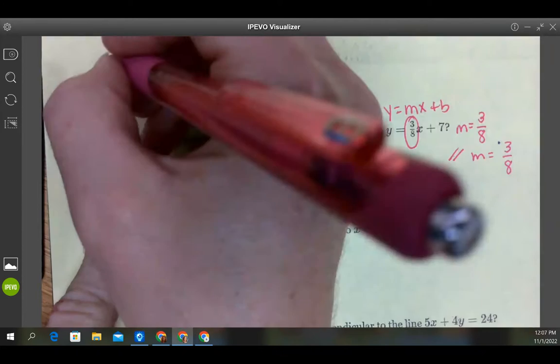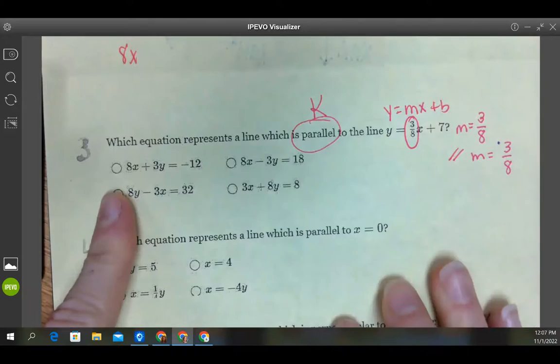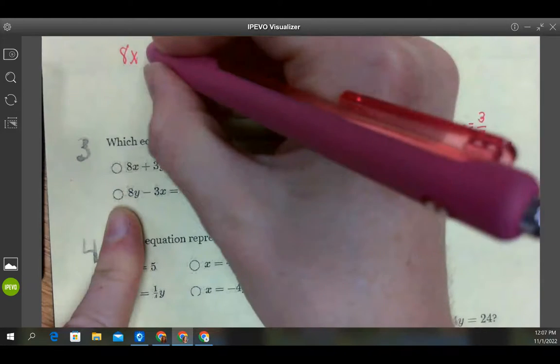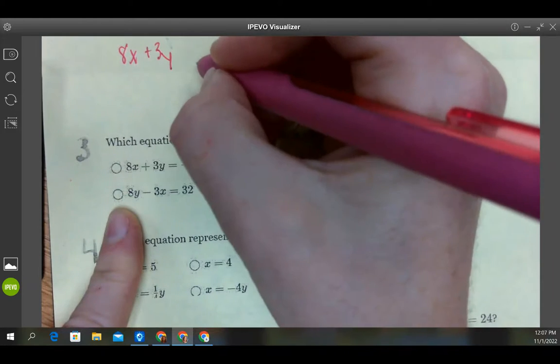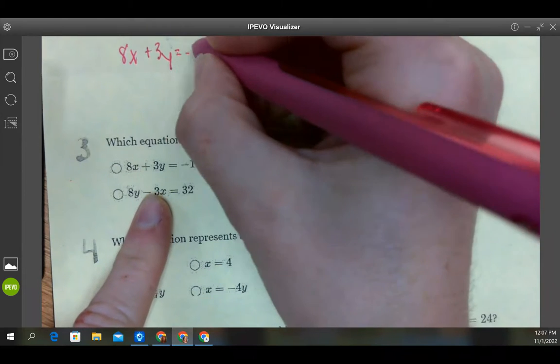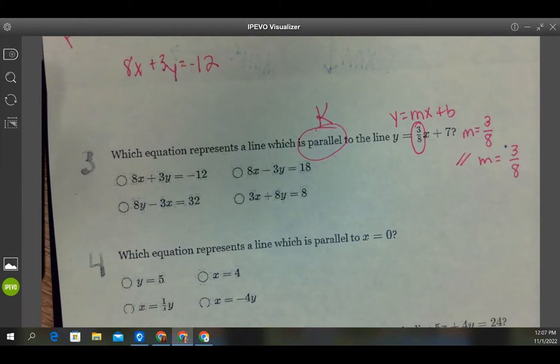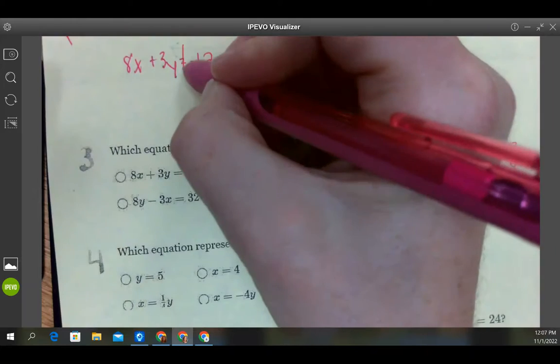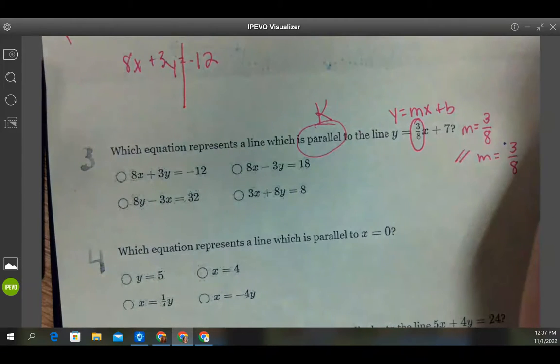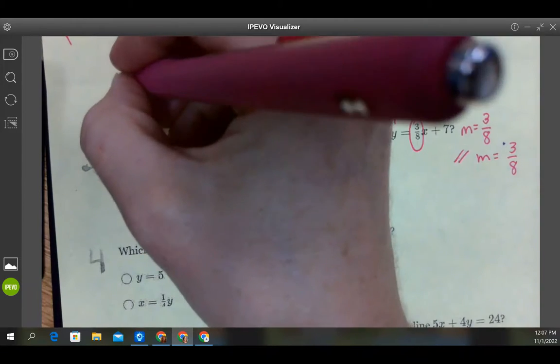Let's do this first one. I'm going to rewrite it up here. How do we solve that? Subtract 8x.